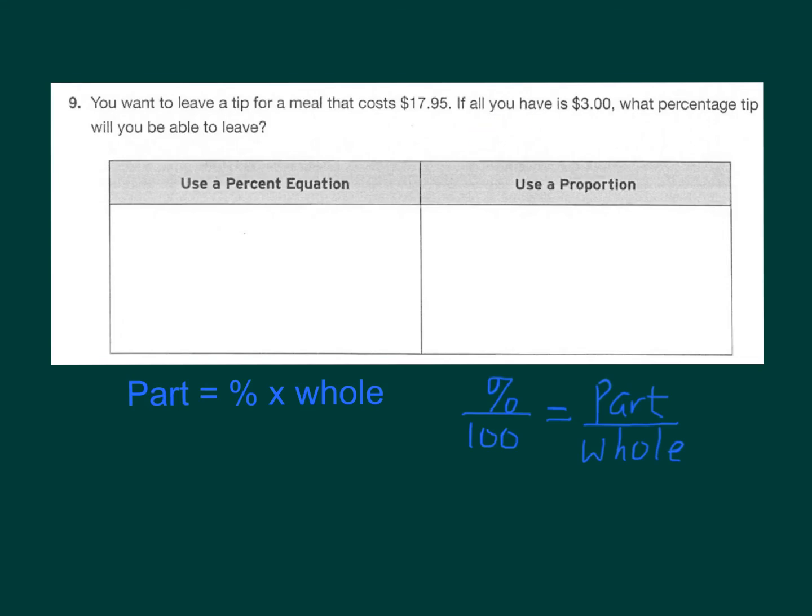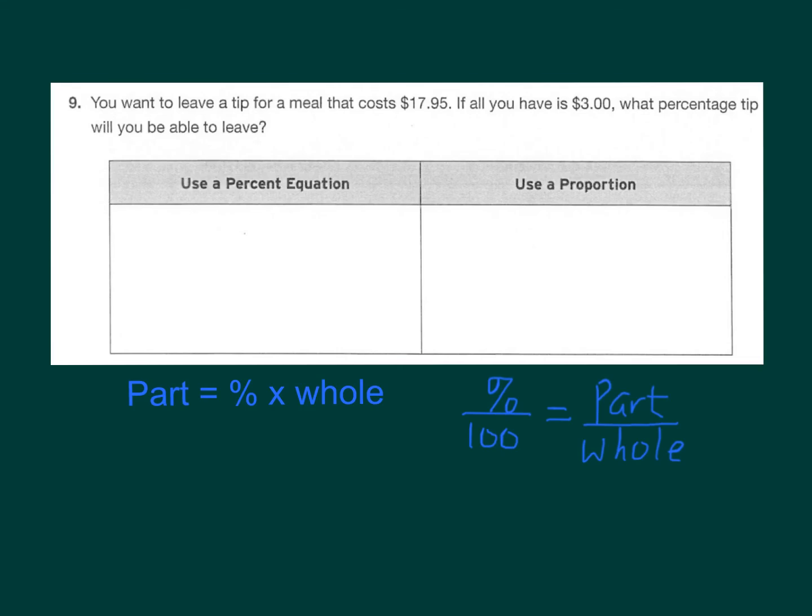So again, you have to use a percent equation and then to use a proportion to find the answer. Okay, so we have the two formats here, the two formulas. For a percent equation, it is part equals percent times whole. And then for proportion, it is percent over 100 equals part over whole.